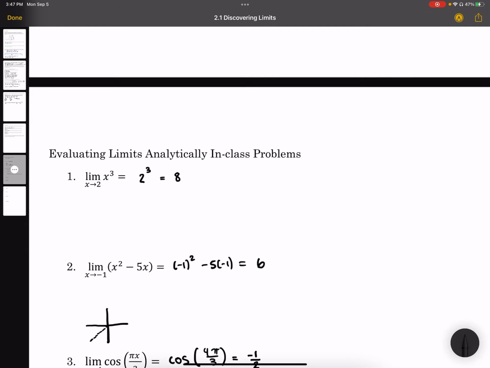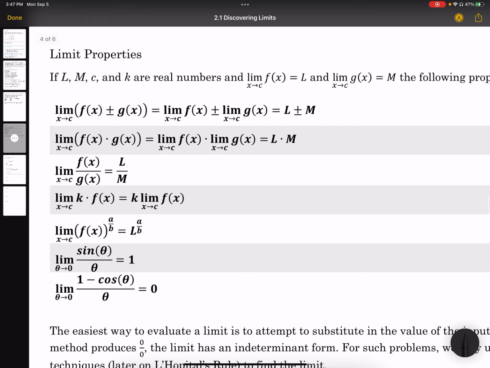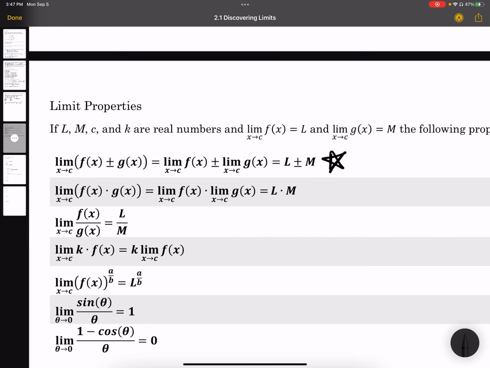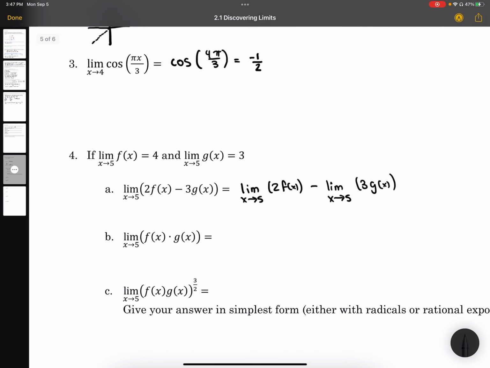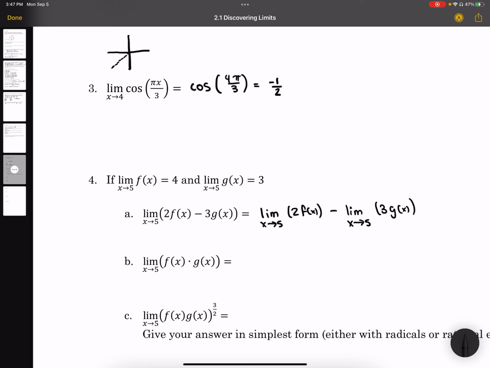What we've applied here is this first property. You can just split the sum or difference into each part having a limit. Another property is that we can just move this value out, so we get 2 times the limit as x approaches 5 of f of x minus 3 times the limit as x approaches 5 for g of x.